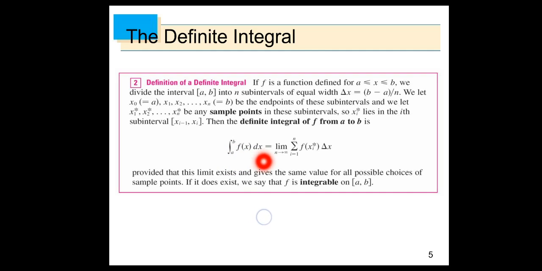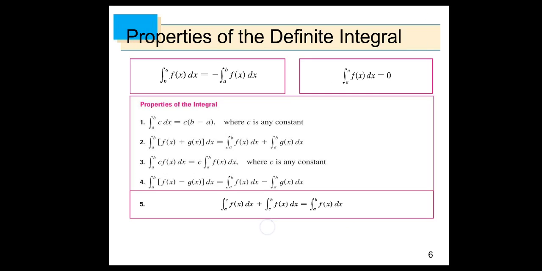And it would be equal to the limit where n approaches infinity of the sum of f of x i, where i goes from 1 to n, times delta x. So this is actually how we find the definite integral, and we solve a particular problem of definite integral, right? And it additionally says that if the limit exists, we say that f is integrable on a to b, right?